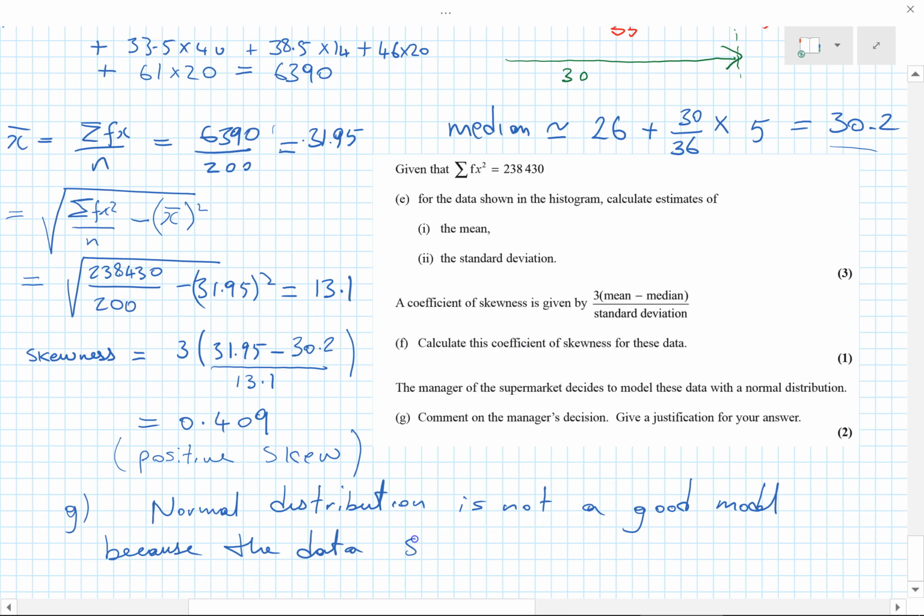It could be negatively skewed as well, and it still wouldn't be a good model, so I'll put positively in this case.